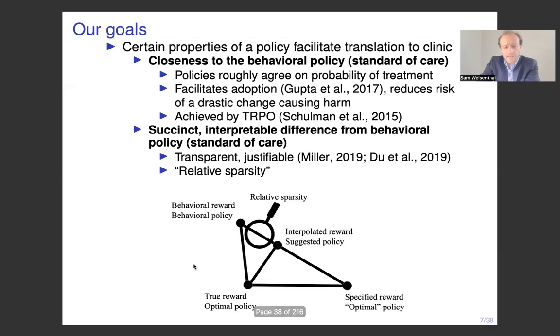Just to recap, we have some behavioral policy generating the data. This is how the care is administered at baseline. They are maximizing some behavioral reward, which is likely sensible. We can specify a reward, for example the final blood pressure in the setting of hypotension.